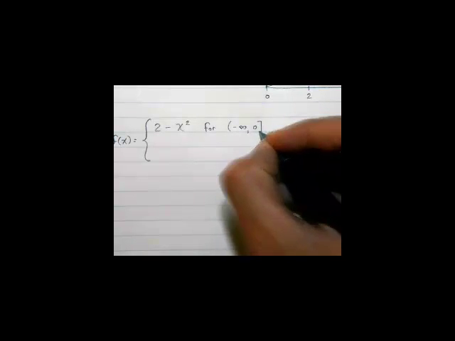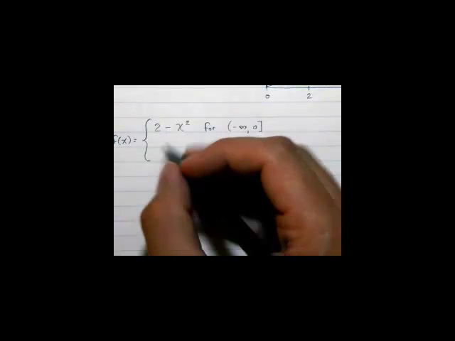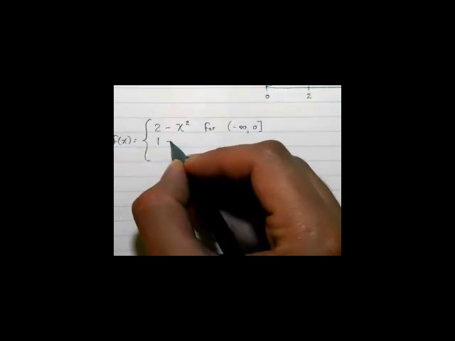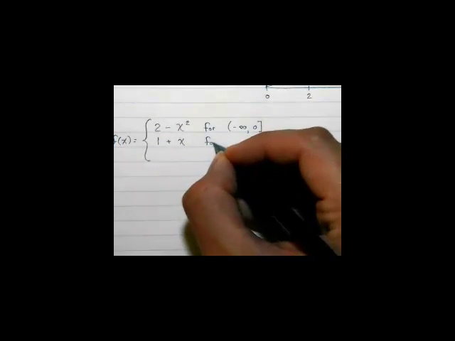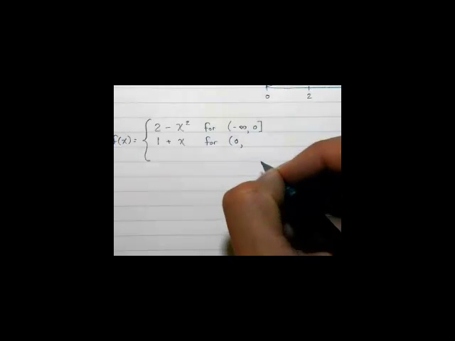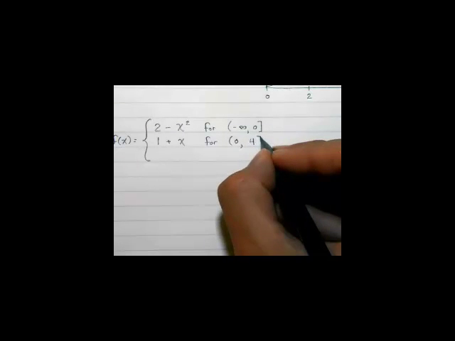And let's include the 0 on that one. And then we'll do one plus x from 0 to 4. Include the 4 on that one.